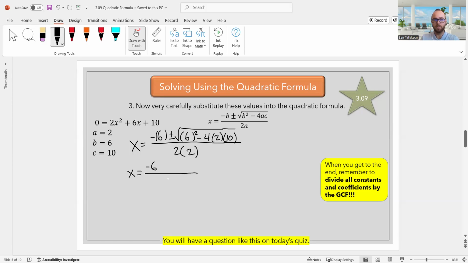Negative 1 times 6. 2 times 2. Now we need to simplify this radicand, right? So we're not taking the square root of all this yet. We're multiplying this all together to see what it gives us. Now we're going to get a negative number. Let's see what it is. 36 times 8.